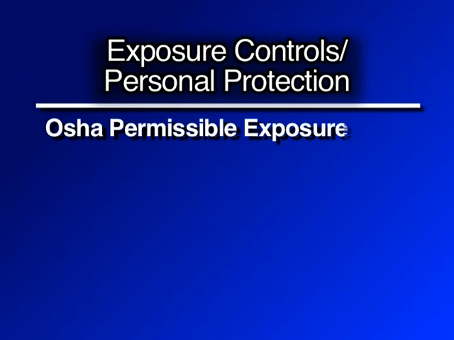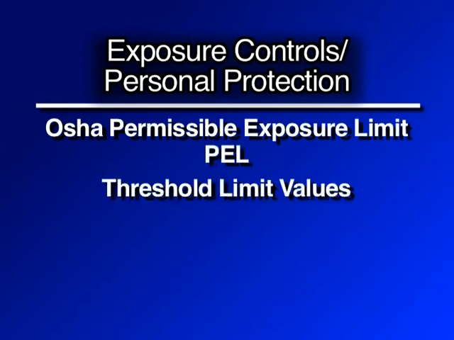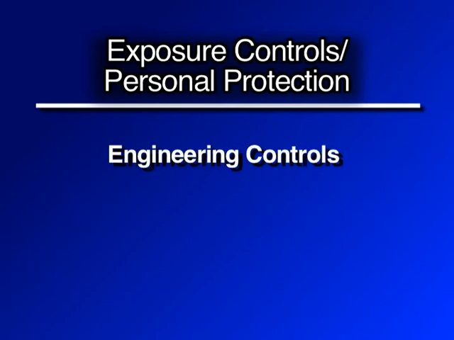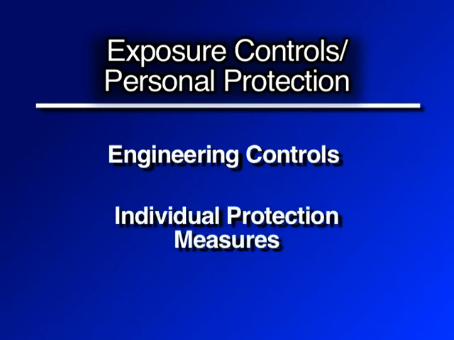Include the OSHA Permissible Exposure Limit, or PEL, threshold limit values, or TLVs, and any other exposure limit used or recommended by the chemical manufacturer, importer, or employer preparing the safety data sheet. Appropriate engineering controls and individual protection measures, such as recommended personal protective equipment, are also included.